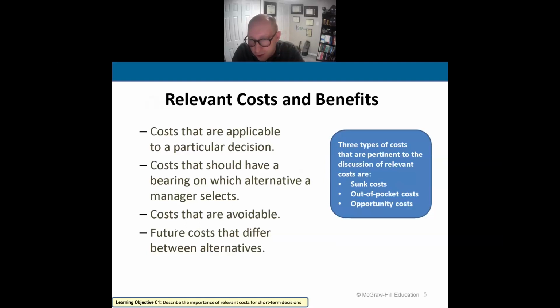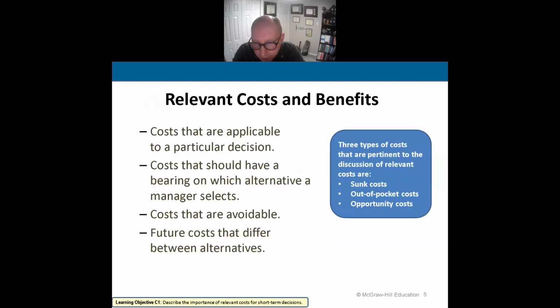One of the costs I look at is called a sunk cost. A sunk cost is a cost that cannot be recovered. It's called sunk for a reason, right? It's already spent. It's gone. I already spent it.